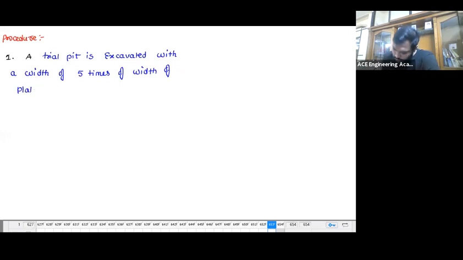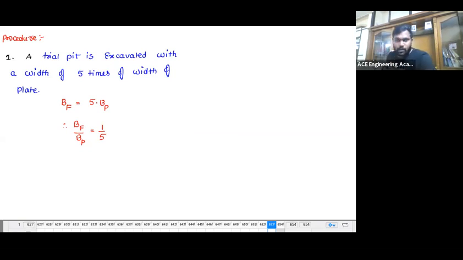So now whatever the width of the trial pit or foundation is, it is 5 times the width of the plate. So BF by BP is nothing but 5, that is, the width of the pit is 5 times the width of the plate.